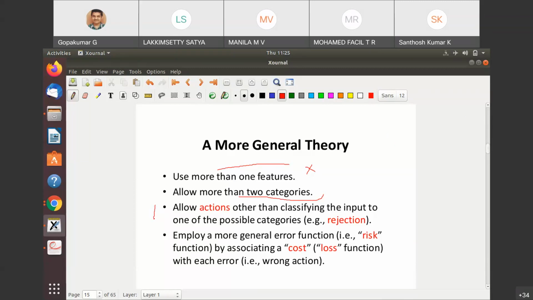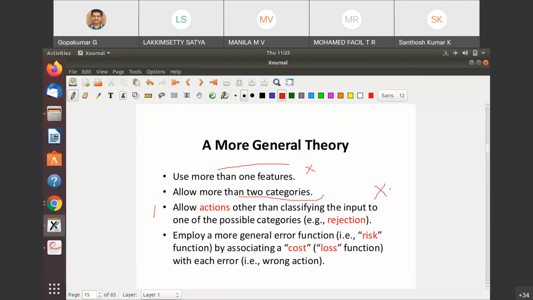So far we are classifying it as W1 or W2. But in some cases, for a given x, suppose we reach a conclusion that it can belong to either W1 or W2, or there is a confusion that it cannot belong to W1 or W2. There are different such possibilities.